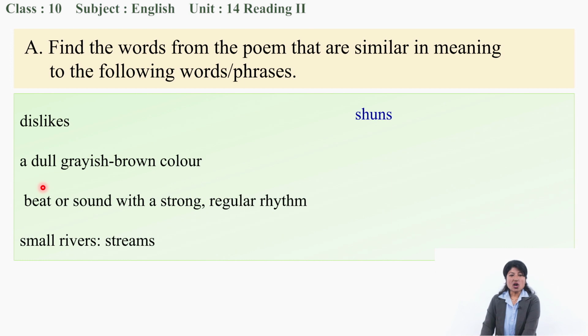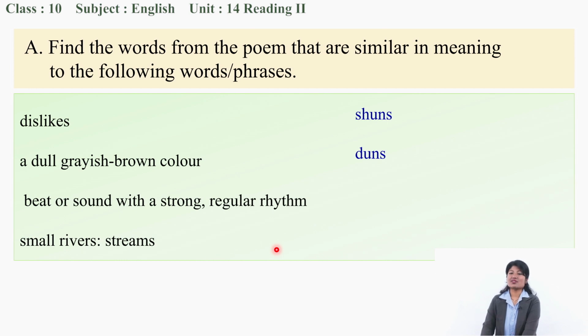Next meaning, a dull grayish brown color. What is that? Brown color, dull color. And that is, yes, the beaches turn into dawns, right? So that is dawns, of course. Next, beat or sound with a strong regular rhythm. What is that?